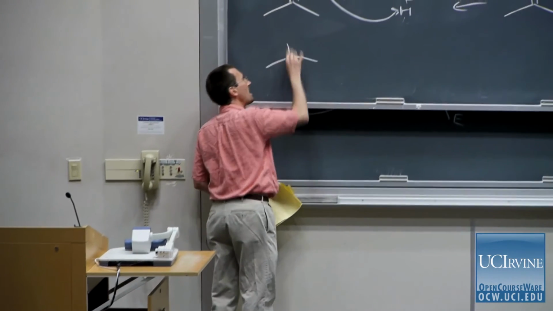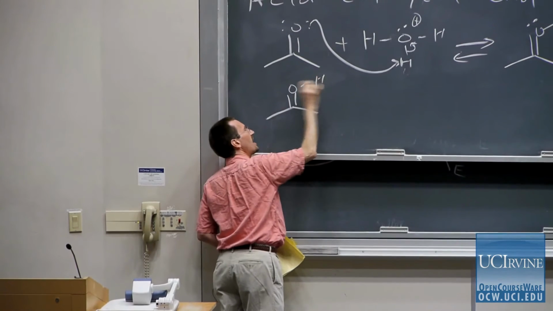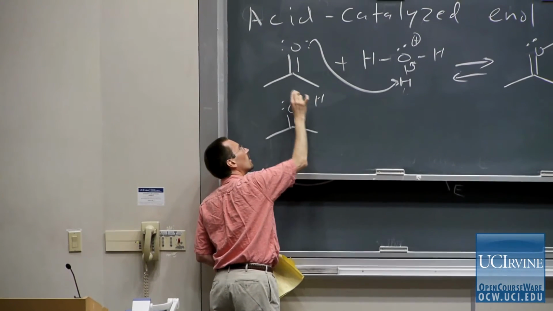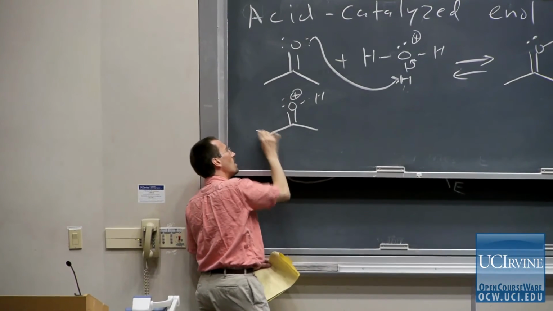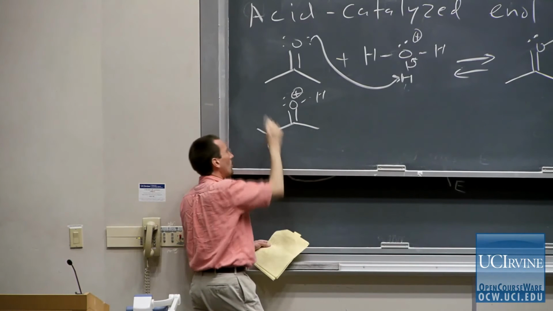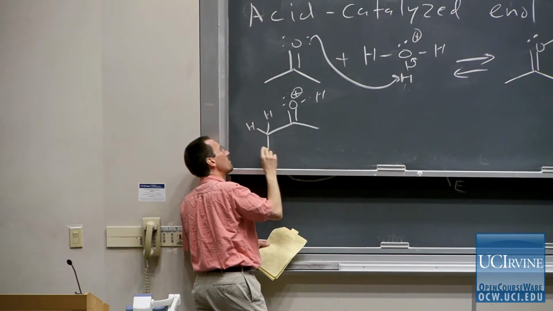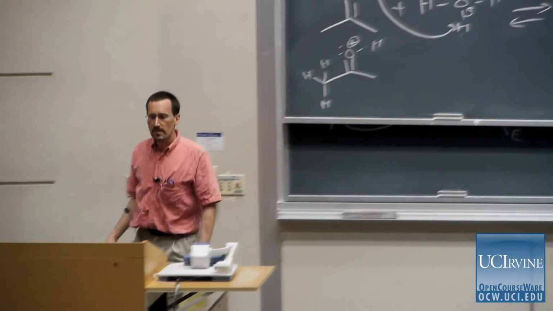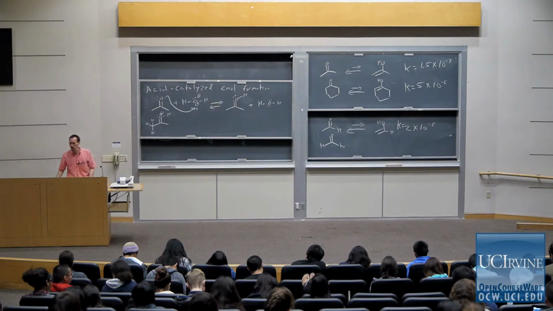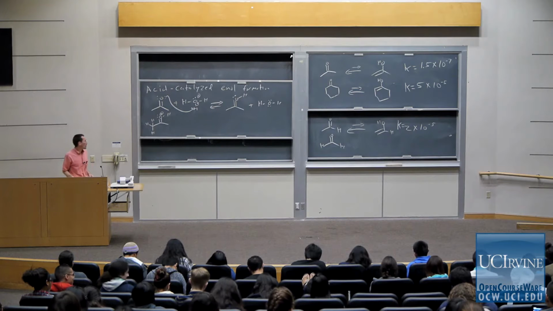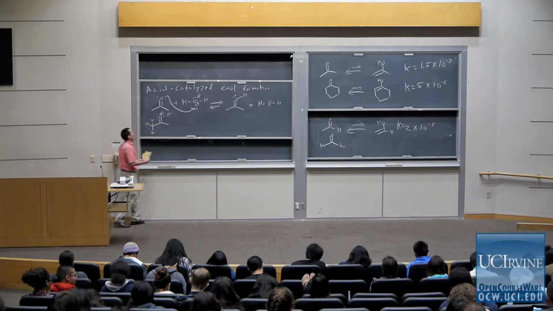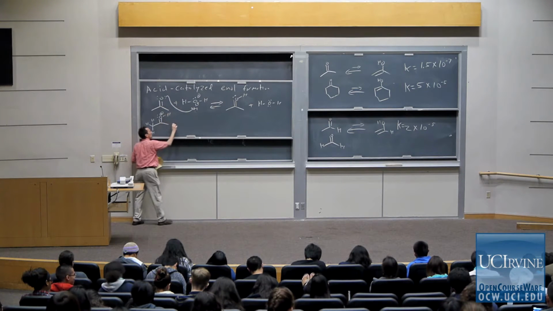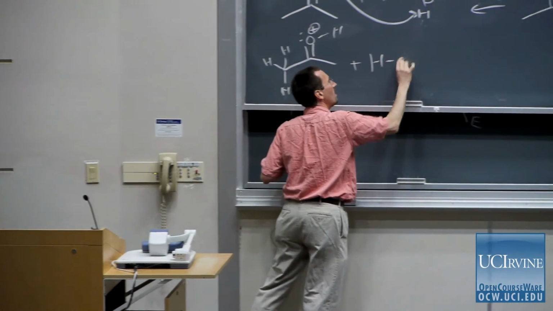I'm going to again draw our protonated acetone. And now I will explicitly draw in my alpha hydrogens, because we're going to use them very often. When you're writing a mechanism or thinking about a mechanism, you will write different parts of a molecule at one time.